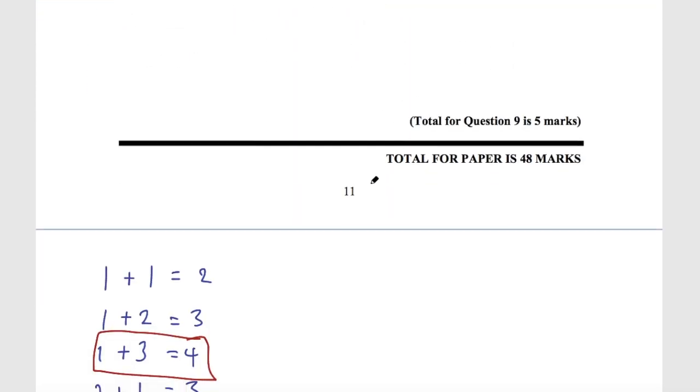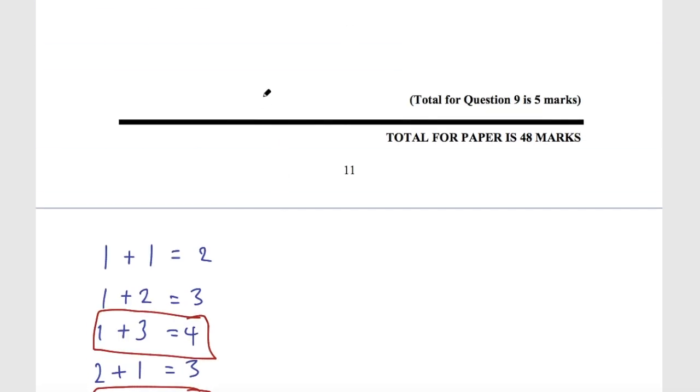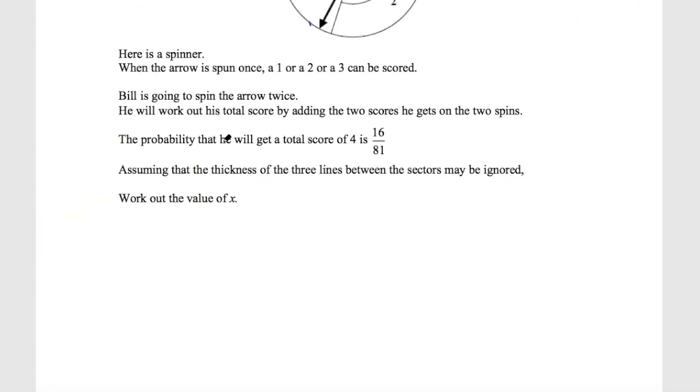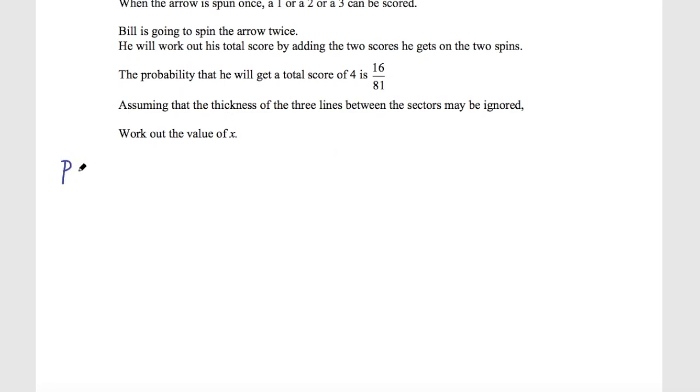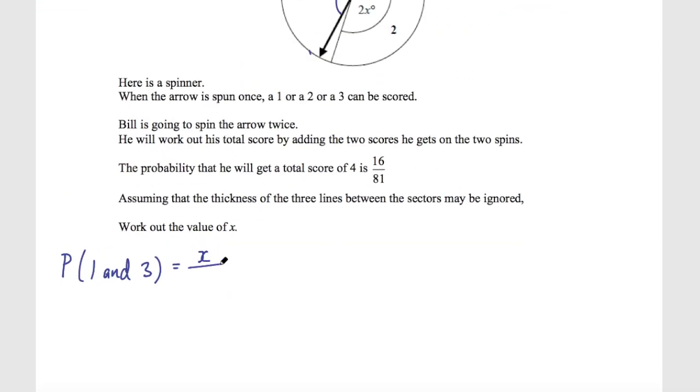And I've said that the only ones we're interested in are spinning a 1 and a 3, or a 2 and a 2, or a 3 and a 1. So let's work out the probability of scoring a 1 and then a 3. So the probability of scoring a 1 and a 3 will be the probability of spinning a 1, which is x over 360, multiplied by the probability of 3.